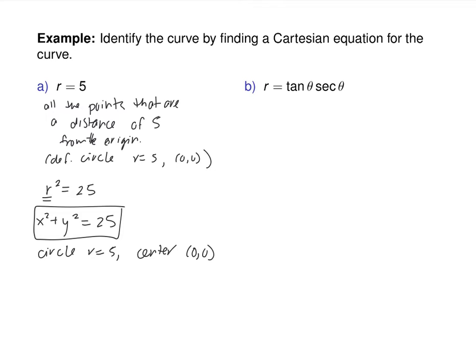All right, r equals tan theta secant theta. It's not immediately obvious what this is, but we can think about tangent as sine theta over cosine theta. We can think about secant as 1 over cosine theta. So we can think about this as r equals sine theta over cosine squared theta.